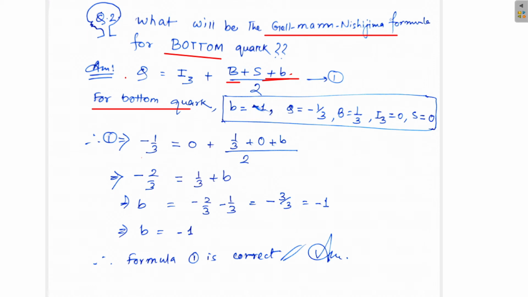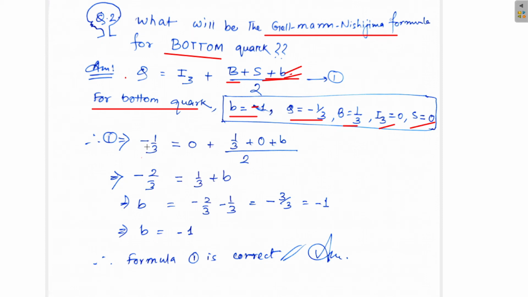We know that the quantum numbers related to the bottom quark are like this. The bottomness is -1, the charge is -1/3, the baryon number is 1/3, the third component of isospin is 0, and the strangeness is equal to 0. Now substitute all these quantum numbers in this relation, except the bottomness of the bottom quark, and let's calculate the bottomness from this relation.